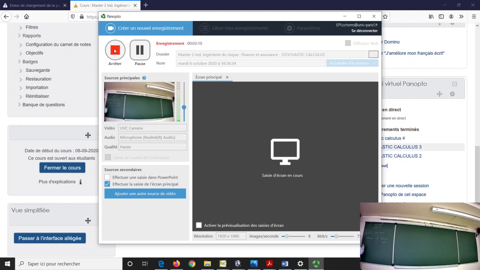We'll have 3 statements in one. Okay, so an adapted process M_t, t belonging to R plus. So first of all, I want it to be adapted, and adapted to what? To my filtration.